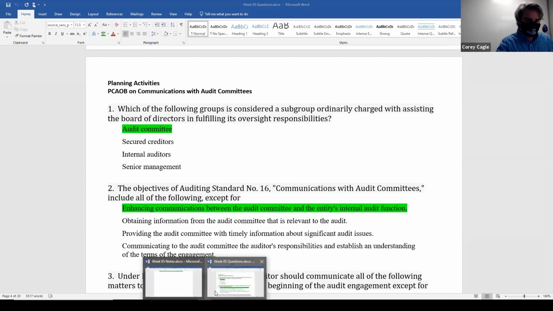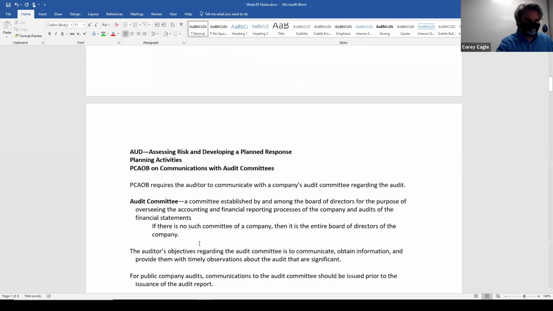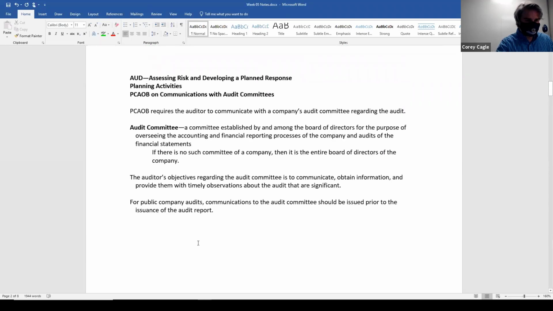More of the same in the PCAOB thing. Define, we already know that. For public company audits, communications should be issued prior to the issue of the audit report. So that's kind of a key takeaway there.